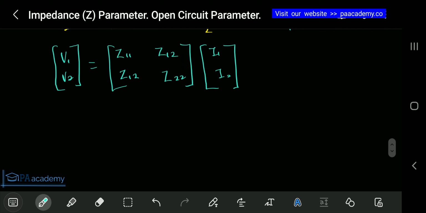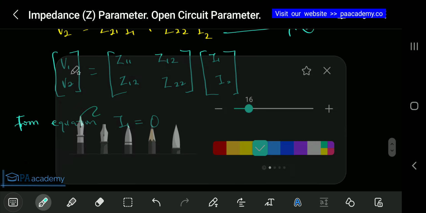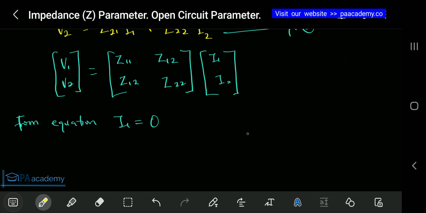Now from equation 1, if we have our I1 equal to 0, that is, open circuiting the input.